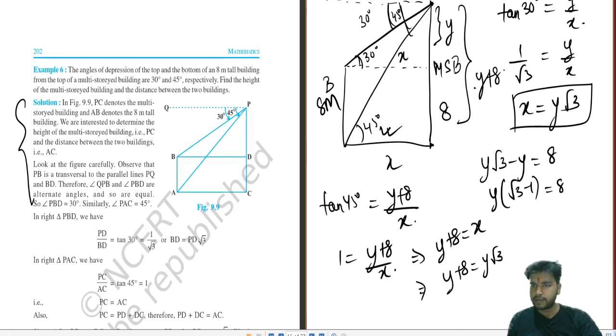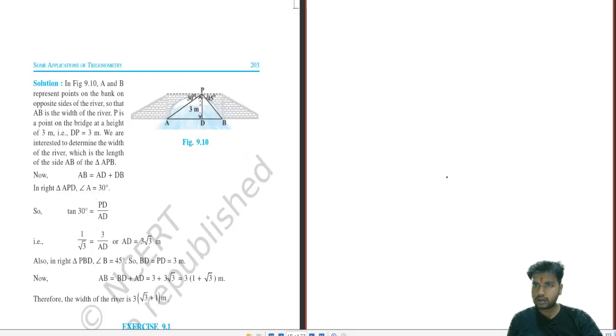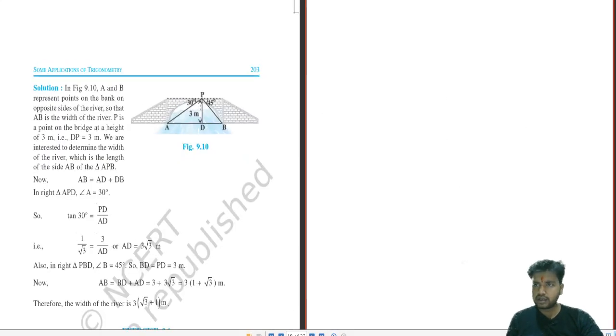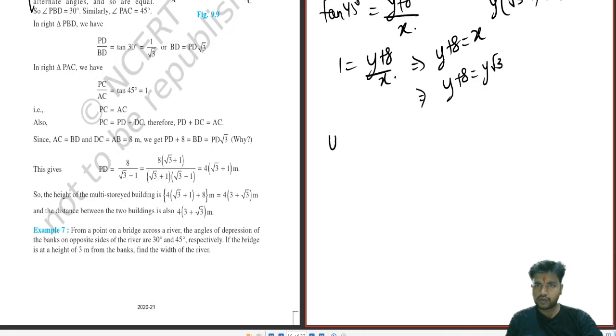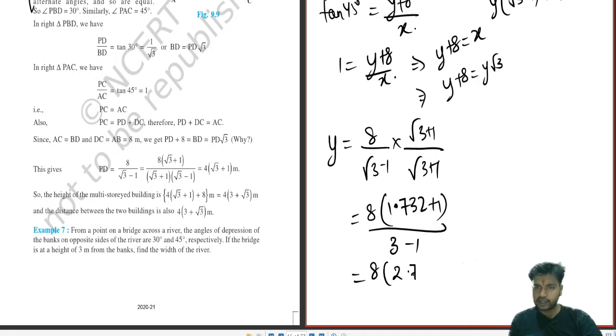Wait a second. Yeah. So, y is equal to 8 by root 3 minus 1. Now, we have to rationalize, that is root 3 plus 1 will be multiplied. That is 8 into 1.732 plus 1, and this will be 3 minus 1. So, this will be 8 into 2.732 whole divided by 2.